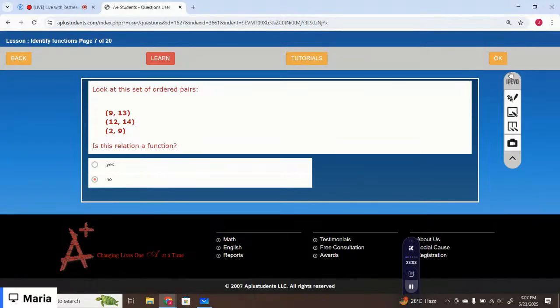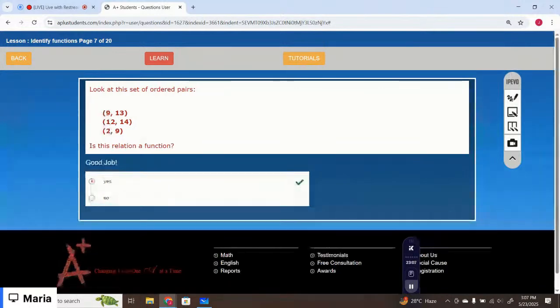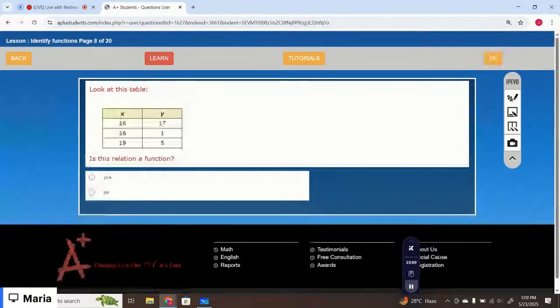Yes, it is a function. Look at this table.